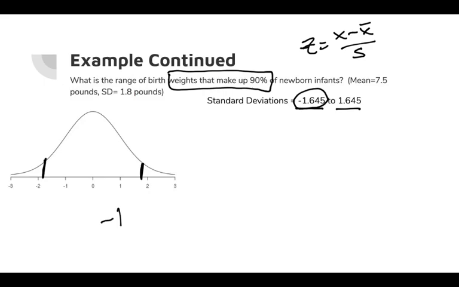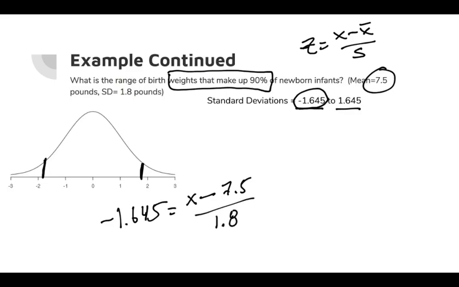I can say, okay, negative 1.645 is equal to x, the thing that I want to know, the actual point in the sample, minus the average, which the data I found said was 7.5, divided by the standard deviation, which is 1.8. When you run these numbers through a calculator, multiply each side by 1.8 and then add the 7.5 over. So your lower bound over here correlates to a weight of 4.539 pounds.